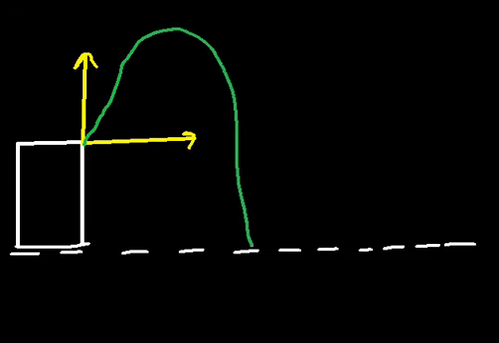Now, assuming the angle at which the object has been raised with respect to the horizontal, which is the x-axis, let's say it is given as the angle theta, and say the object has been raised with initial velocity, let's say given as v.